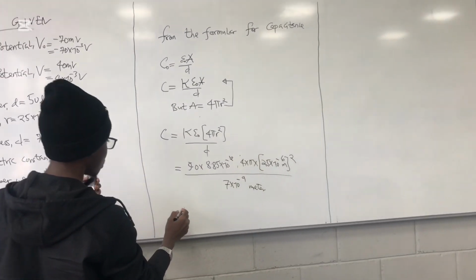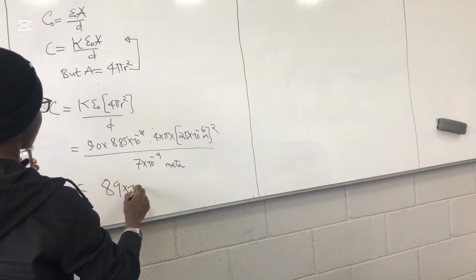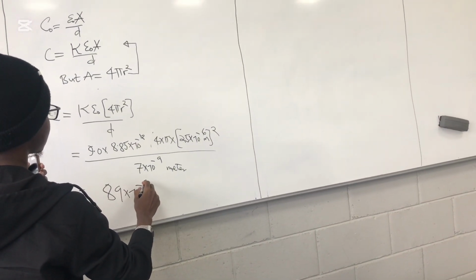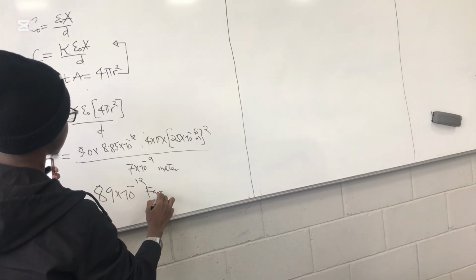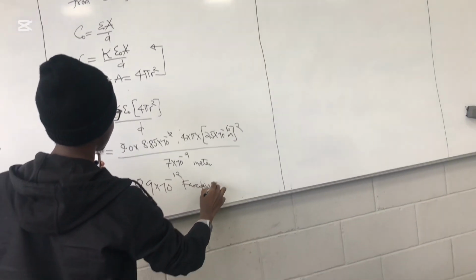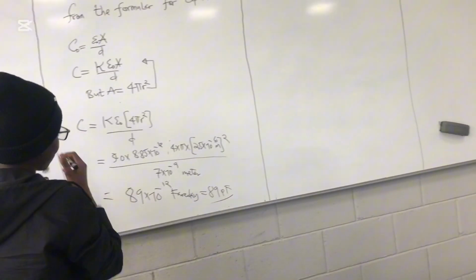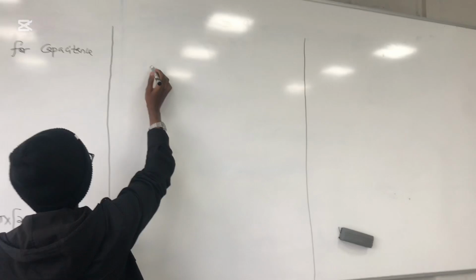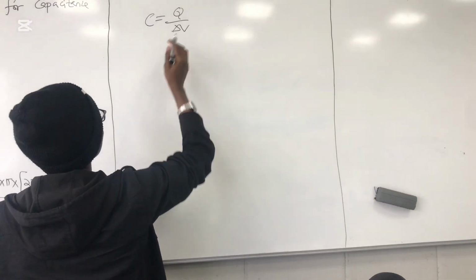After calculation, you get the value 89 times 10 power negative 12 Farad, which is equal to 89 picofarad.